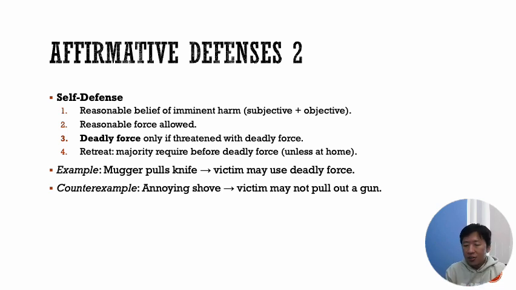And objective is, it cannot be a very sensitive person. Any ordinary person in that circumstance would have the same feeling. That's the objectiveness test. The second requirement is reasonable force allowed. That will be proportionality. Whether you are using proportional counter force to stop the harm.